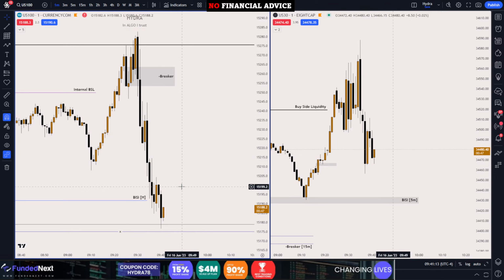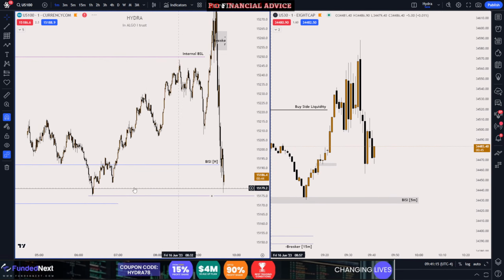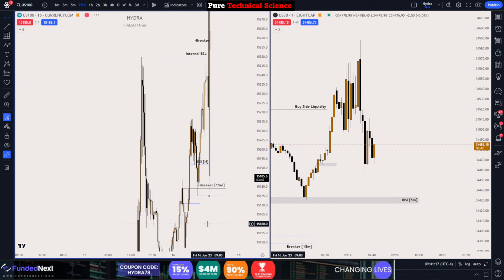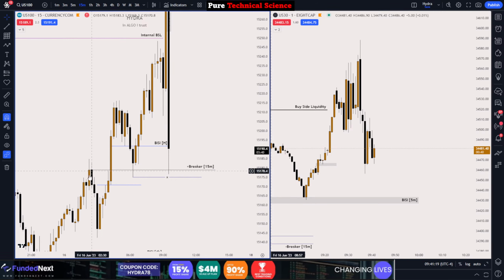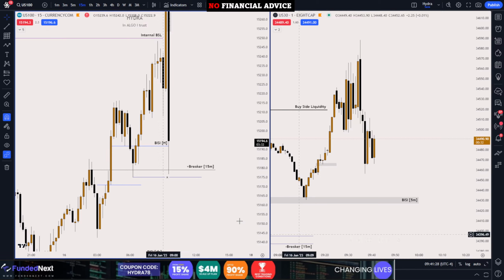The 3-minute breaker clearly hit the low here, our 50-minute low. Sorry, 50-minute breaker block. Price hit the breaker block here and generated a relative equal low right here. And if price is not clearing out this relative equal low before the high impact news, we can expect to see price clearing this level out at the high impact news, as it's a relative equal low.